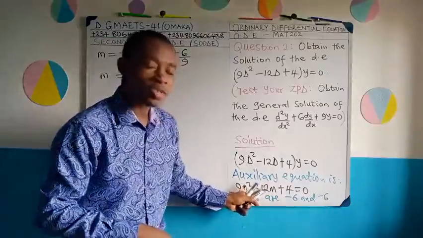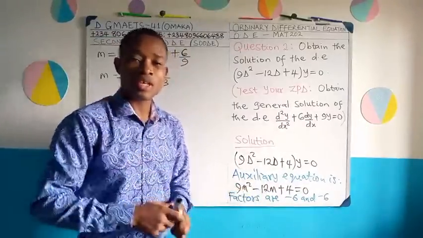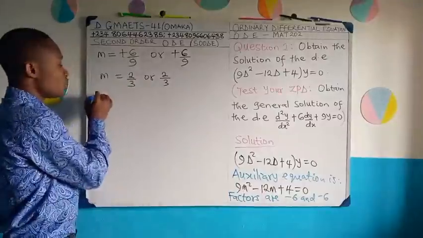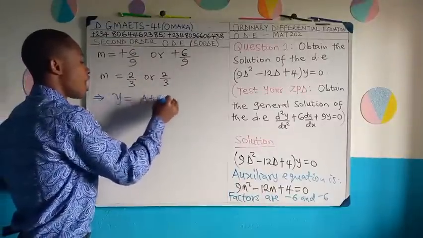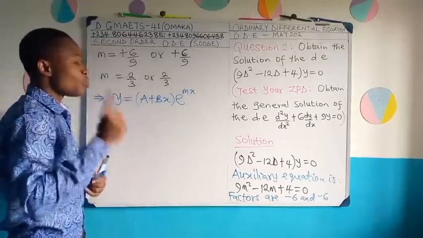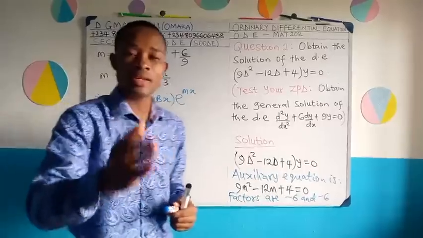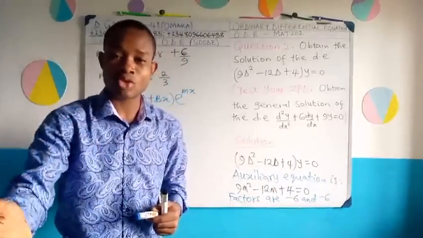And remember that we were able to factorize this auxiliary equation, is that so? Therefore, the complementary function that goes for this implies that y is equal to (A plus Bx) exponential mx. Remember, when the roots of the equation are real numbers and the roots are equal, that is to say m1 is equal to what? m2.